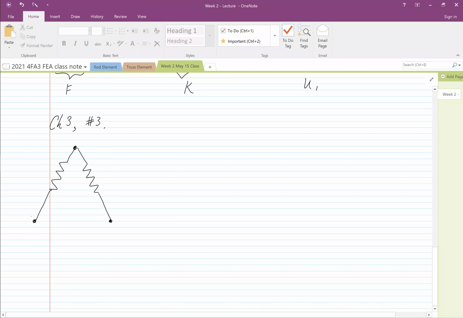Okay, I have 2 elements and an angle. The total length of it is 10 inch.